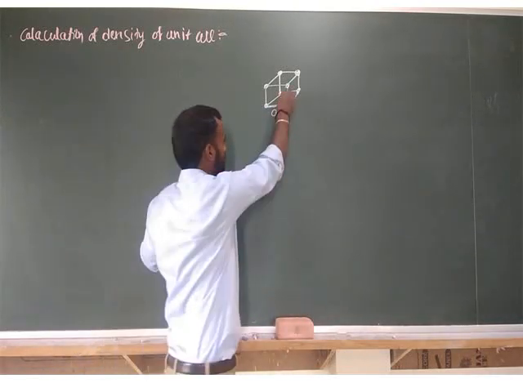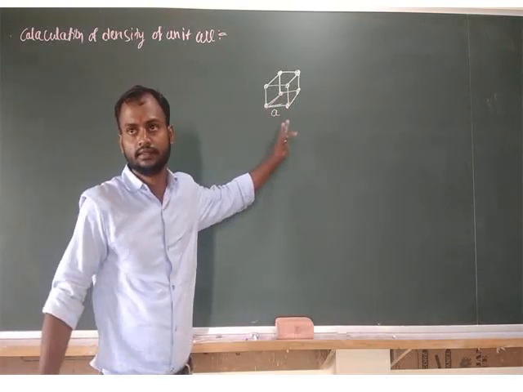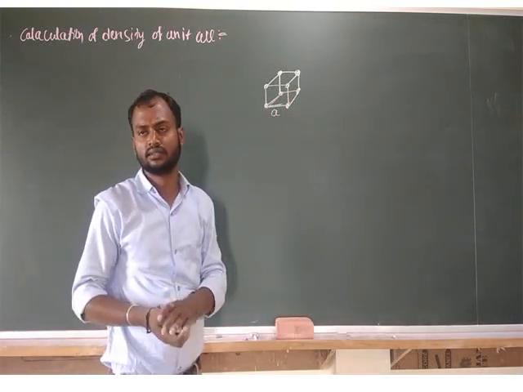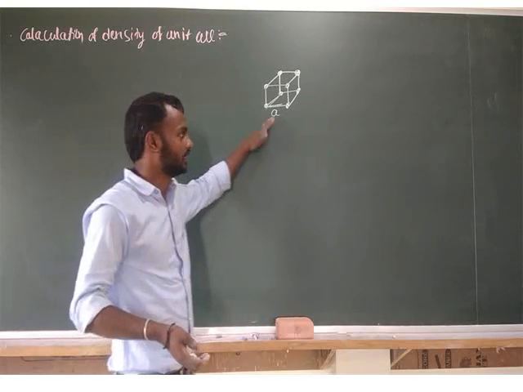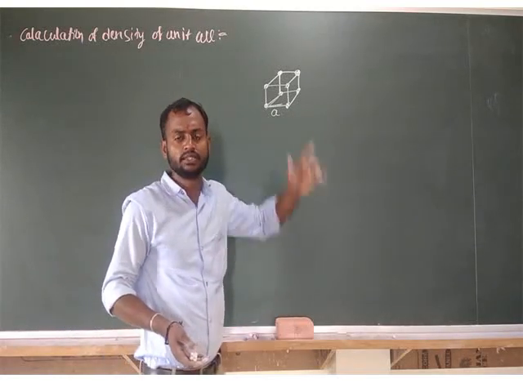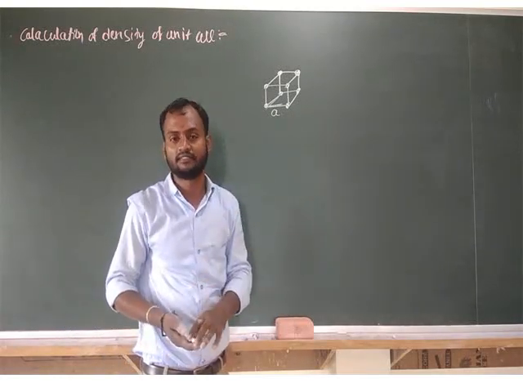The edge lengths of the unit cell X, Y, Z are all a. This edge length of a unit cell can be studied by X-ray diffraction.